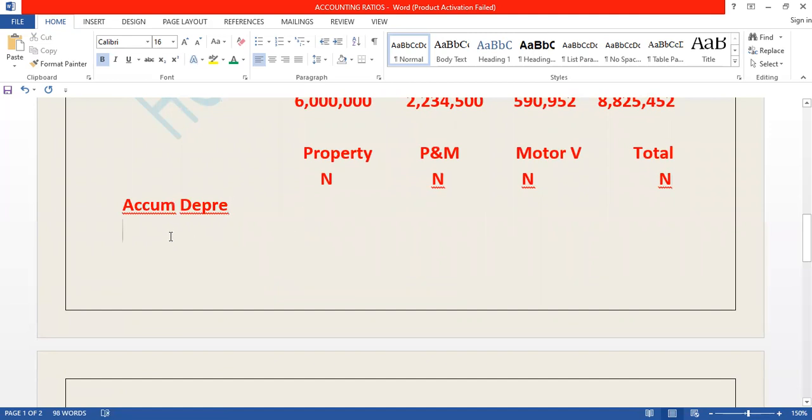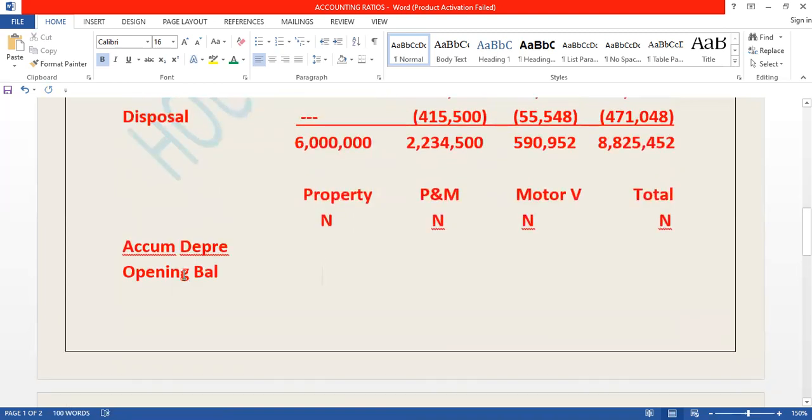Now, we are going to have opening balance as well. What is the opening balance of accrued depreciation for property? 1.2. So we are going to have 1.2 like this, which is fine.